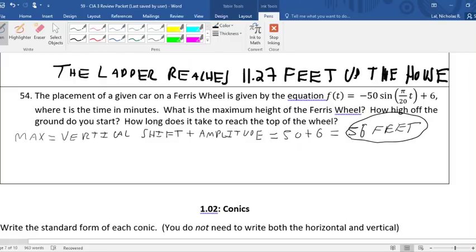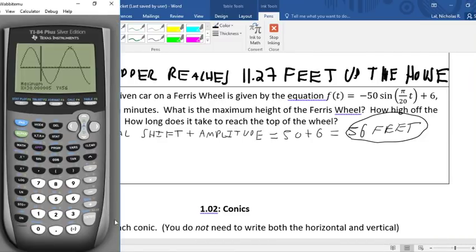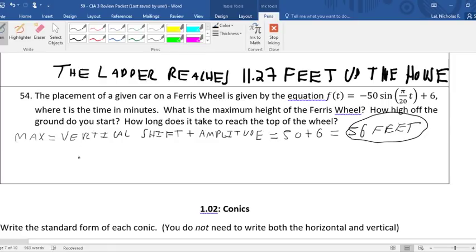How high off the ground do you start? And that's going to be when we start at 0, okay? If we want to just trace, we know that when t equals 0, the sine of 0 is 0, so this would be 6.